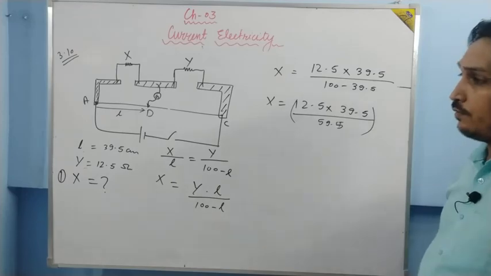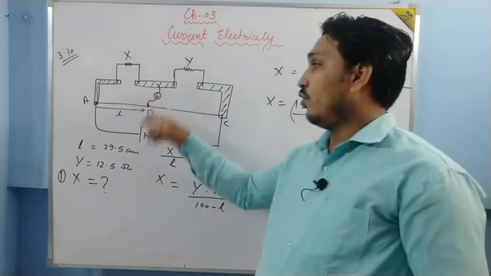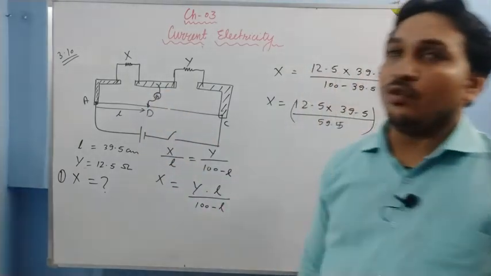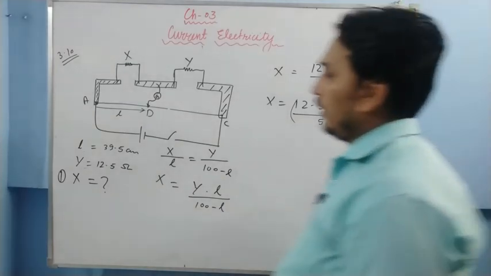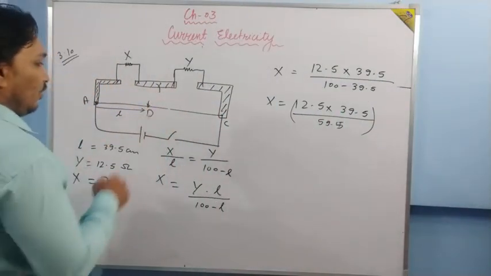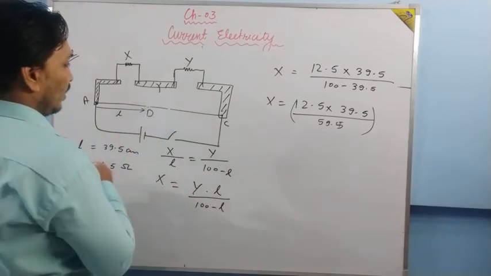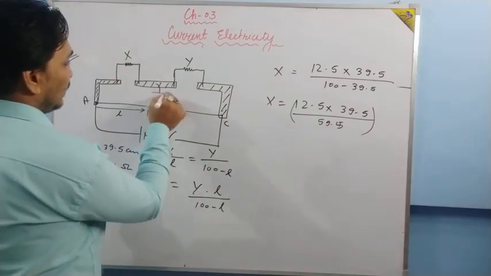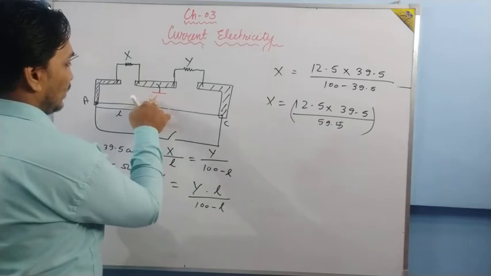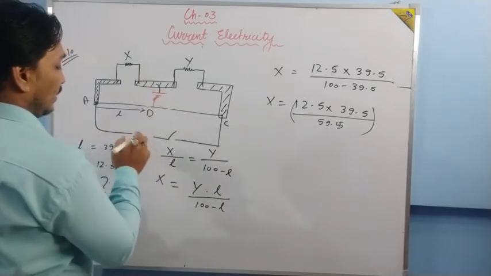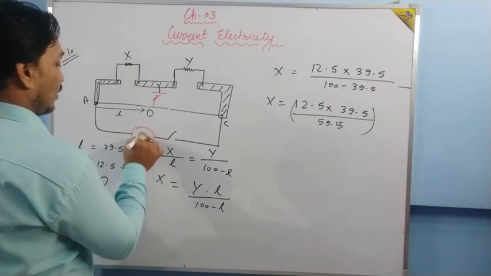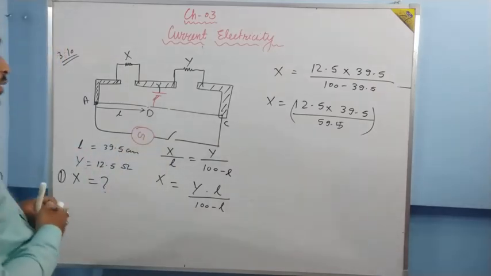Other question is, what happens if the cell and the galvanometer are interchanged? There will be no effect on the balance point. Because just see, if the cell is applied like this and the galvanometer is over here, then what will happen?